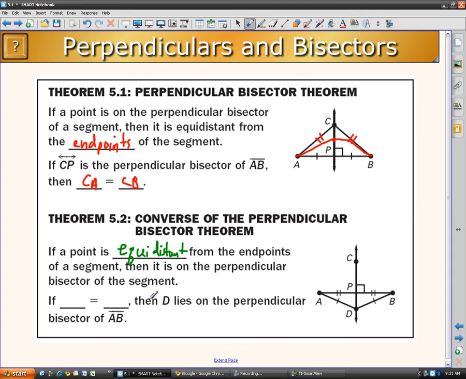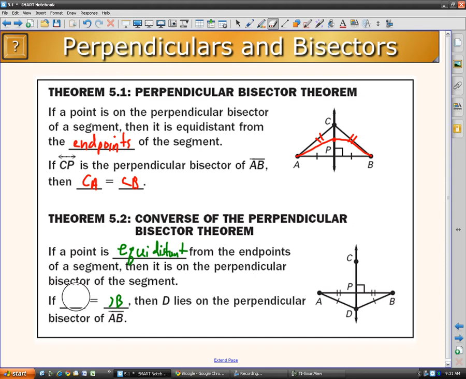Sorry for the bad handwriting here. So we're basically saying that if we know point D is the same distance to B as it is to A, then it is on the perpendicular bisector. So if DA is equal to DB, then we know that we are on the perpendicular bisector of the segment.